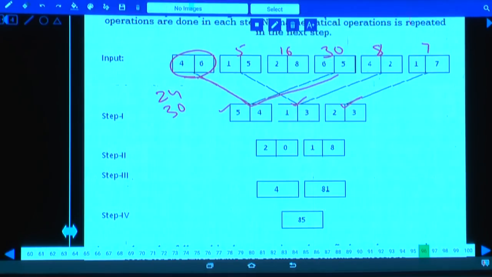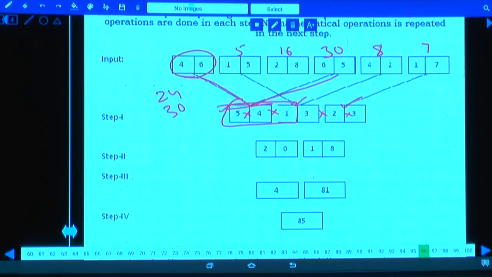Now, how will you get 20 and 18 from these numbers? 5 into 4 into 1, the product of these three numbers, is 20. 3 into 3 into 2 is 18.